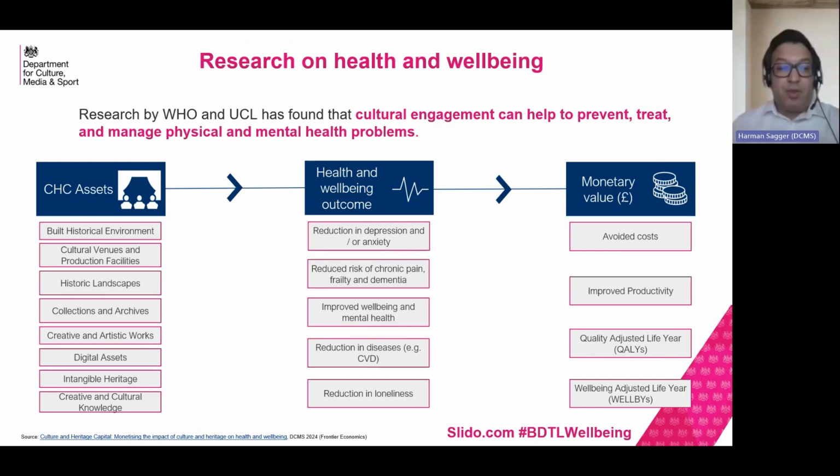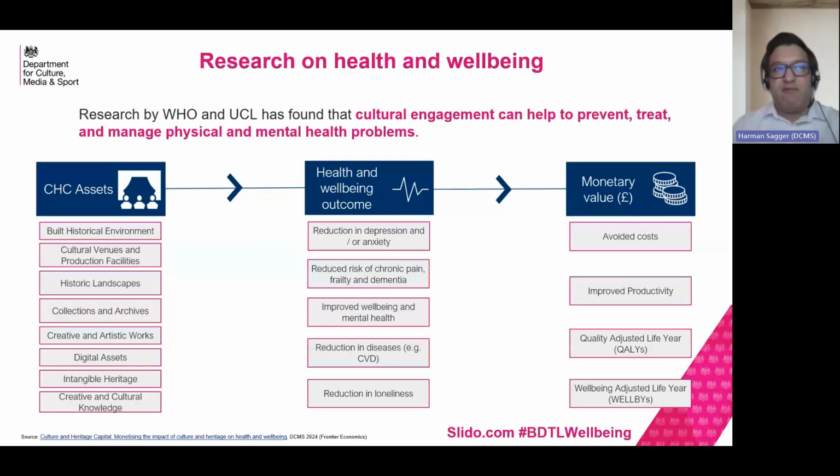So what we did, as in the paper that we published with Frontier, who also work with UCL on bringing this evidence together, was ask Frontier to produce the monetary estimates on health and well-being. What we first had to set out, though, is what we meant by the different ways that people interact with culture. The other publication we published in December was called Embedding Cultural Heritage Capital.